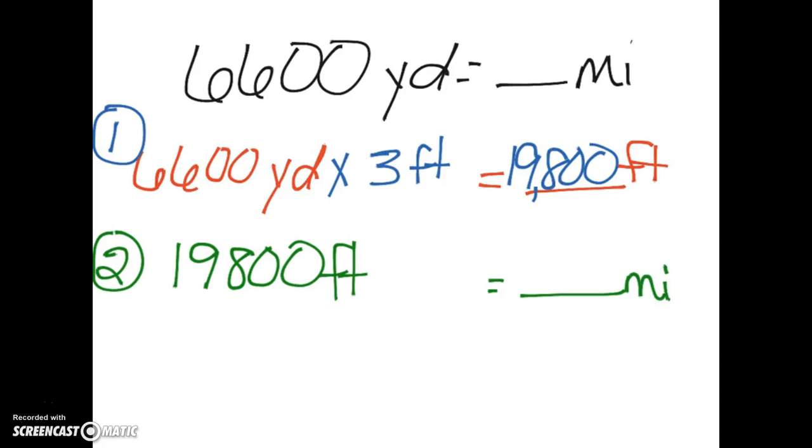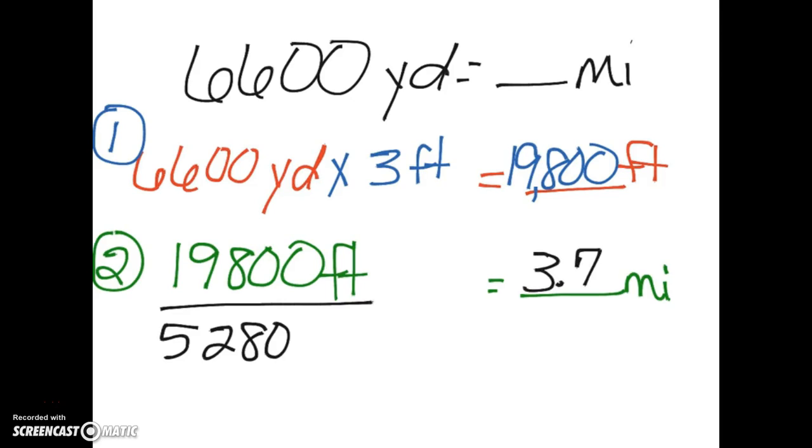This time I'm going from feet to miles, so that's going from something smaller to something larger, so I have to divide. When I look at my conversion chart, I see there are 5,280 feet in every mile, so that's what I'm dividing by. When I do 19,800 divided by 5,280, I get 3.75. And so my answer is 3.75 miles.